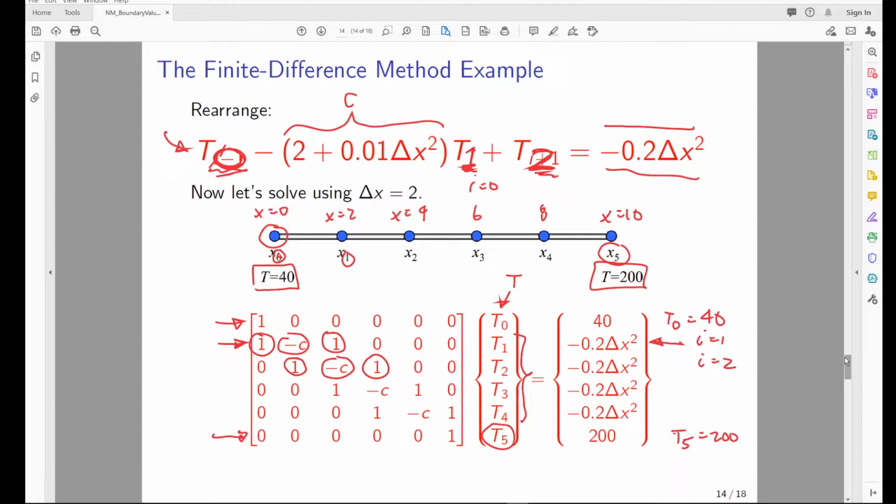I do the same thing with i equal to 3 and i equal to 4, and all I'm doing is incrementing this subscript and this subscript with the exact same equation necessary to solve for these unknowns inside this matrix. So you can see this pattern that once you've solved one of the equations, it's really easy to just go through and replace all the other terms inside this matrix as you go down diagonally.